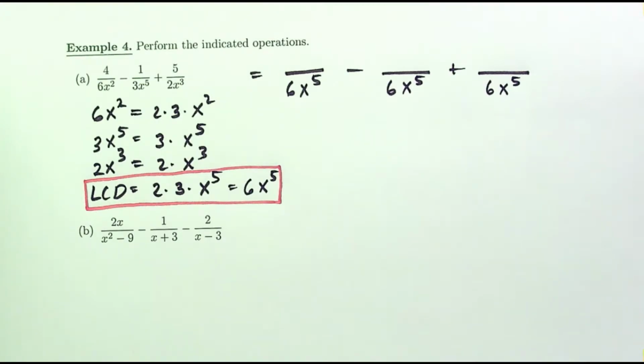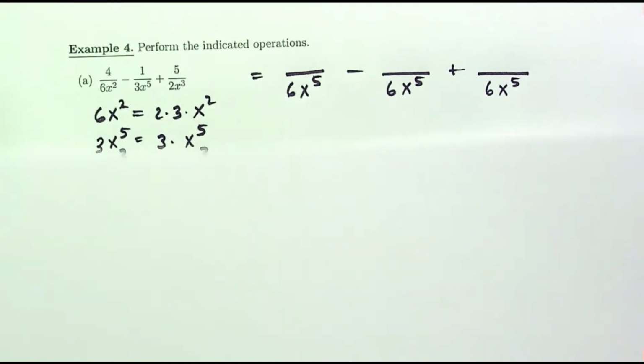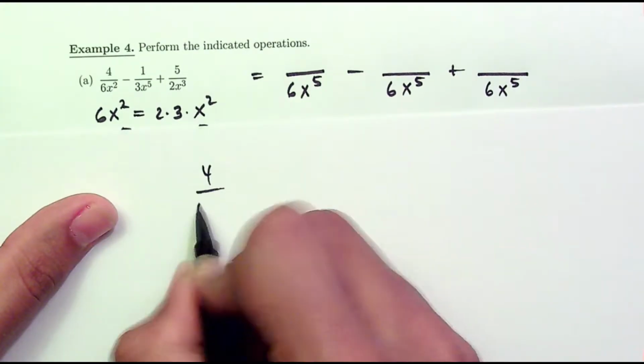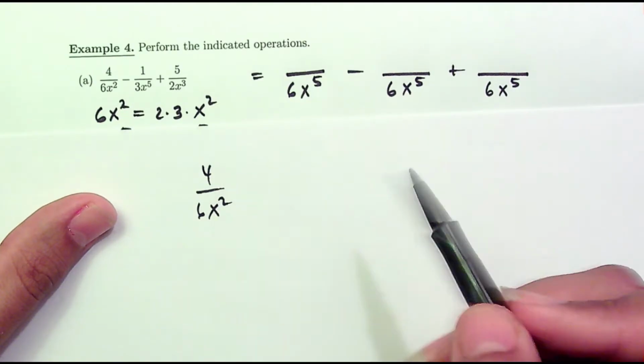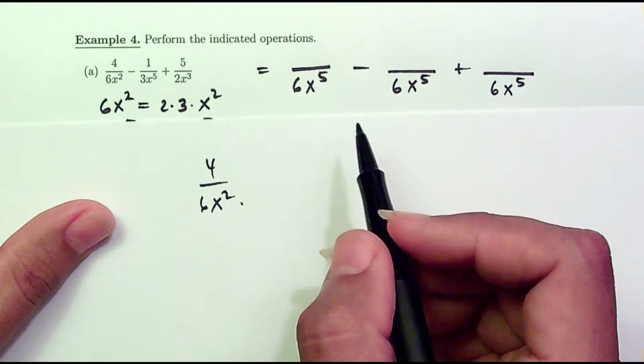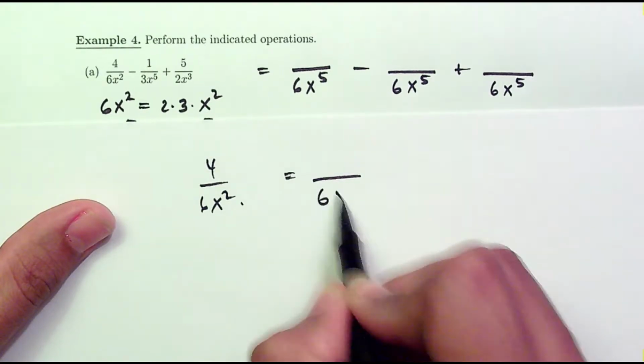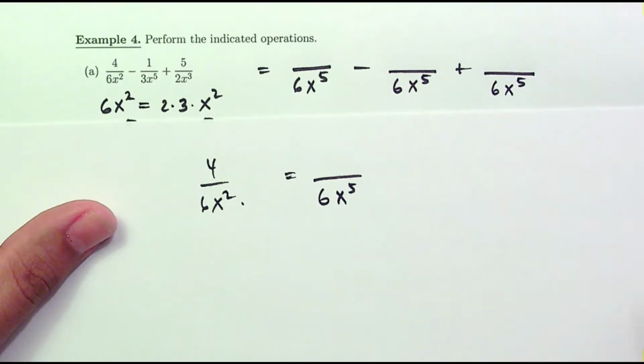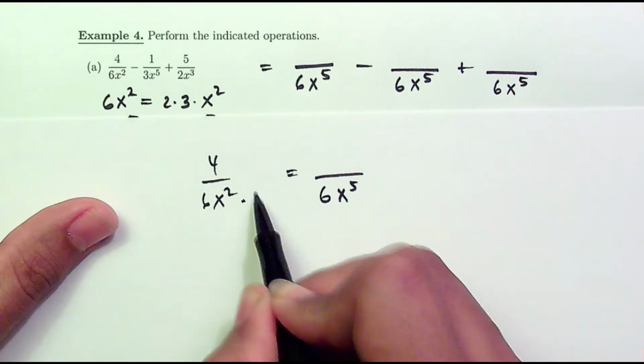Now we have to think, what do we need to multiply each of those fractions top and bottom by so that they become 6x to the fifth on the bottom. Starting with 6x squared, by what do I need to multiply that to get a 6x to the fifth? You need to multiply this one by x cubed.